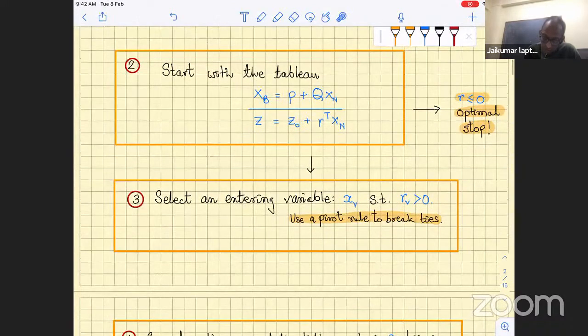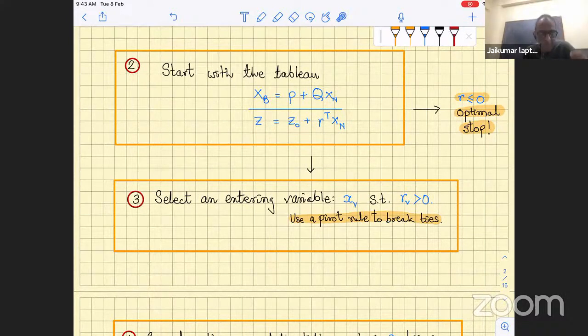But we may not be in that situation. There might be some coefficient in this R. So when I say R less than or equal to 0, I mean every component of R is less than or equal to 0. Otherwise, there might be a coefficient in R which is strictly positive. So then there is scope for increasing this variable xn to improve your overall objective value.